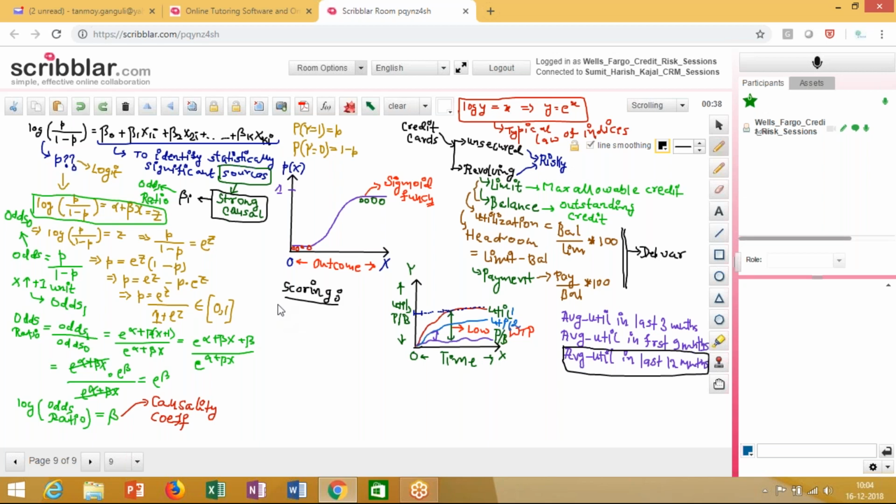So basically, let the score that I am developing be S. Now S is a linear function of the log of odds.